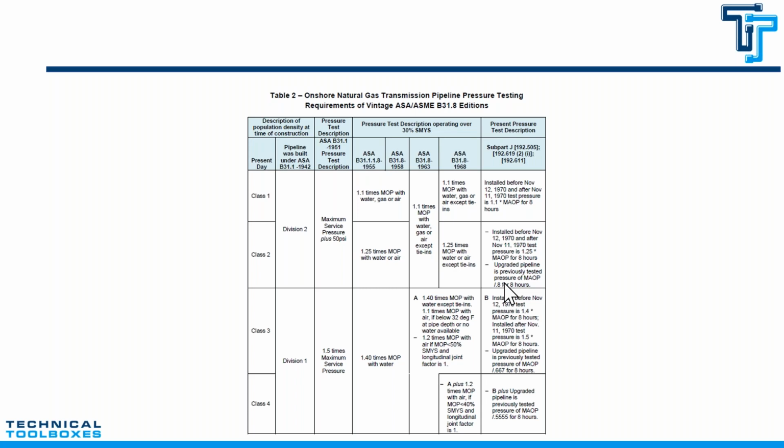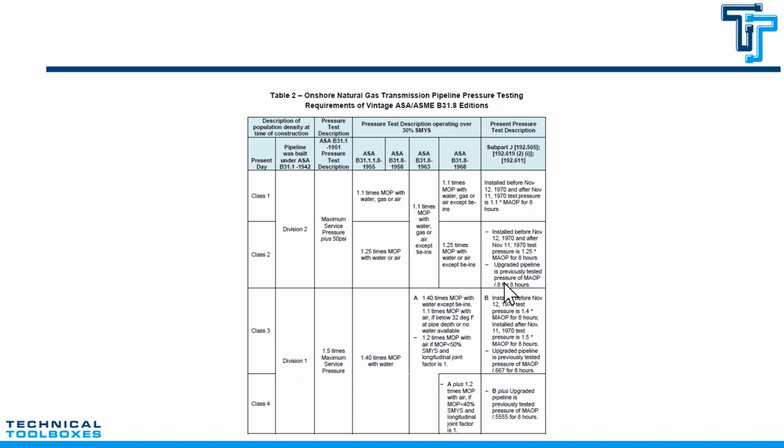The CFR subsection 192.619(a)(2) would cover the latest test factor ranges tied to the classes that are covered here. The only addition from this table that you will find in the latest version is they have included 2 new subcategories for pipes that have been installed after July 20th, 2020, with the test factor starting at 1.25 for class 1 location.